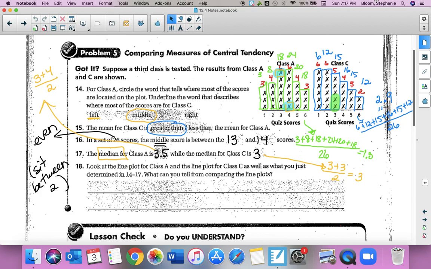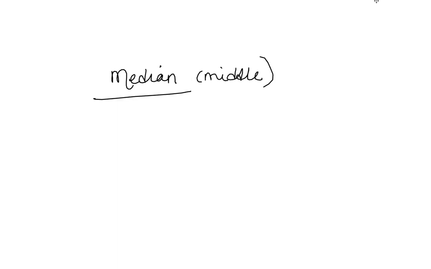Okay? So the thing to remember that you might not fully pay attention to is when you're trying to find the median, and again, that's the middle number, you need to make sure you order your numbers always.